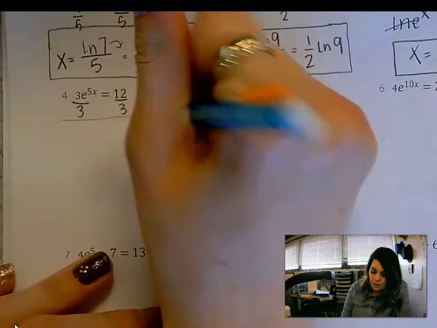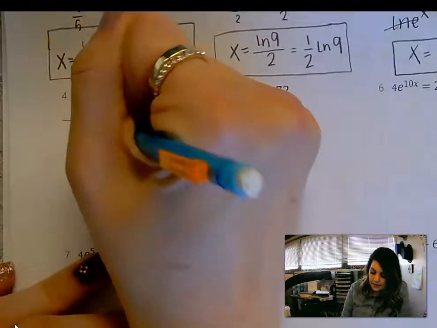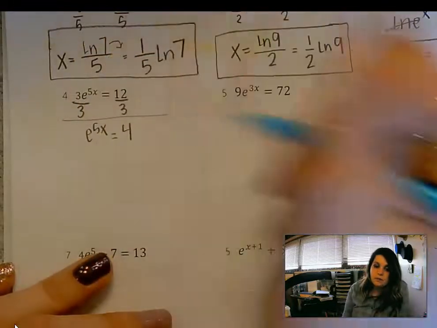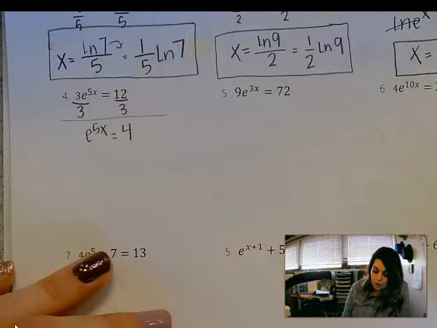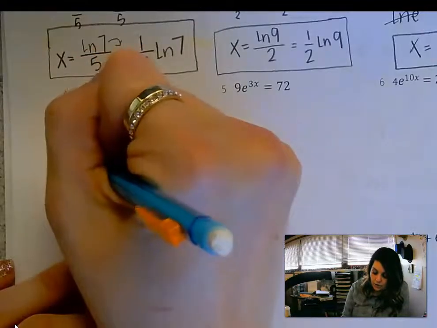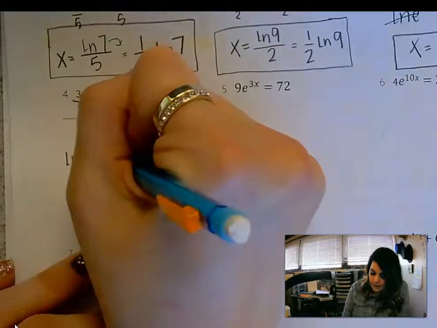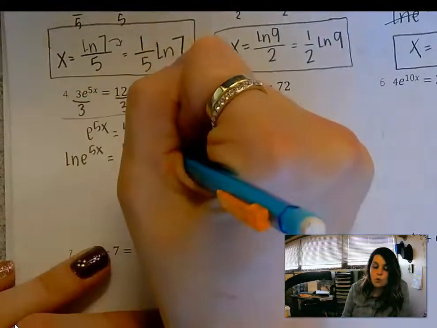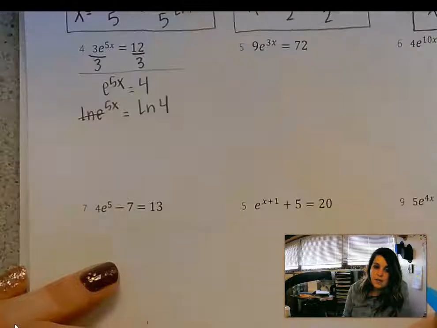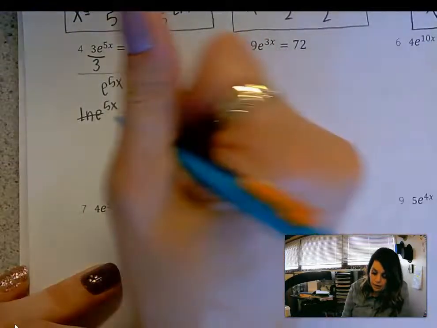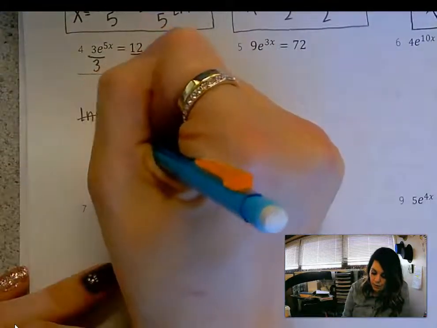That gives me e to the 5x equals 4. From here, I can take the natural log of both sides. Natural log e to the 5x, natural log 4. Natural log and base e go away. 5x equals natural log 4.